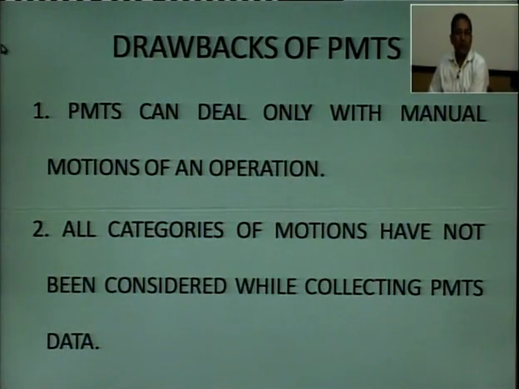The drawbacks of the PMTS are as follows. Number 1, PMTS can deal only with manual motions of an operation. Number 2, all categories of motions have not been considered while collecting PMTS data.